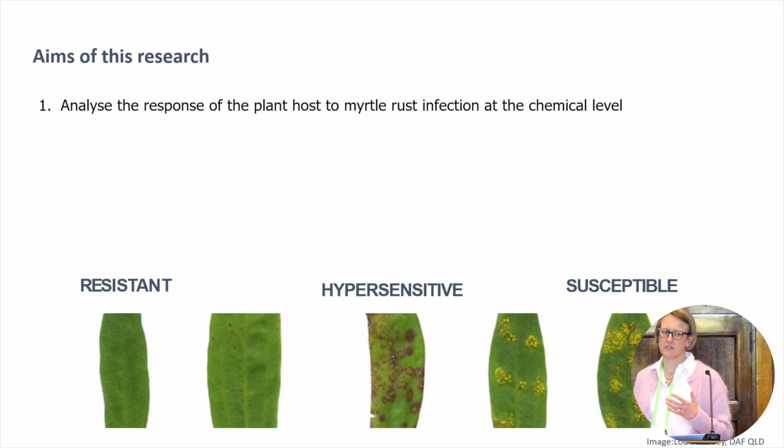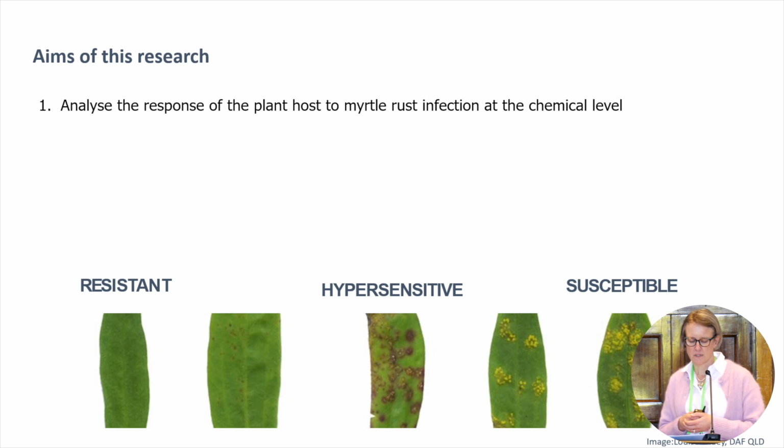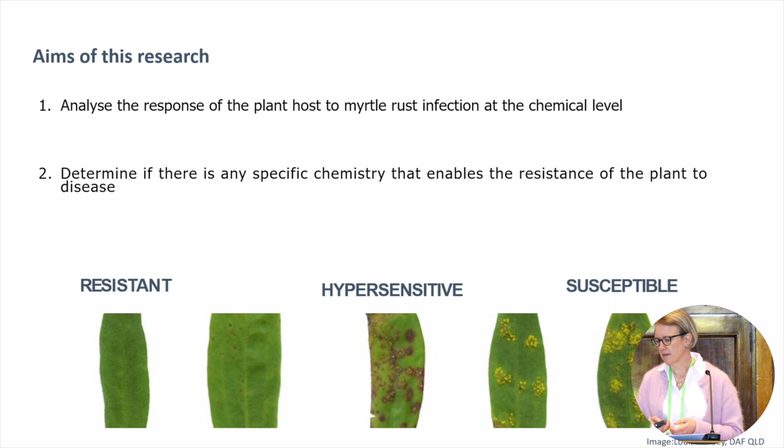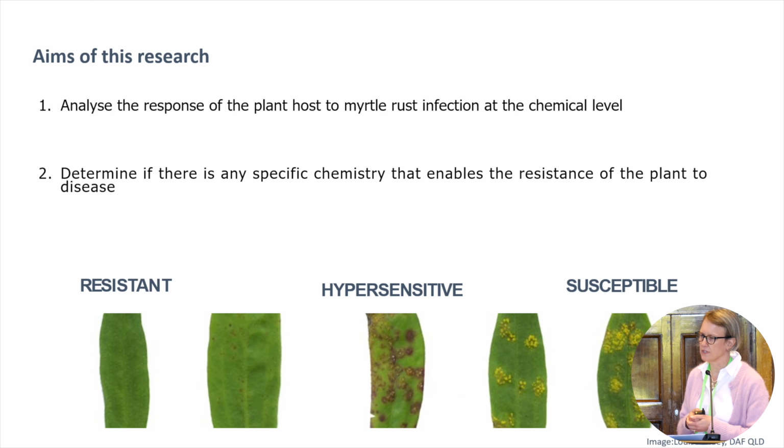I'm interested in a number of questions in terms of chemistry. Firstly, I wanted to understand what the response of the plant host was during early stages of myrtle rust infection at the chemical level. My second question was to understand if there was any chemistry associated with resistance.